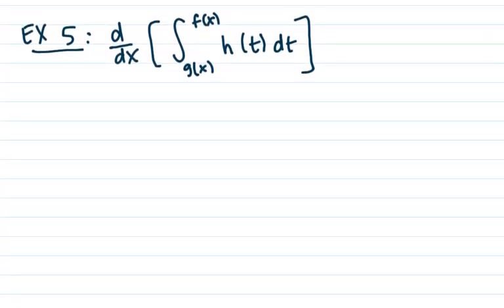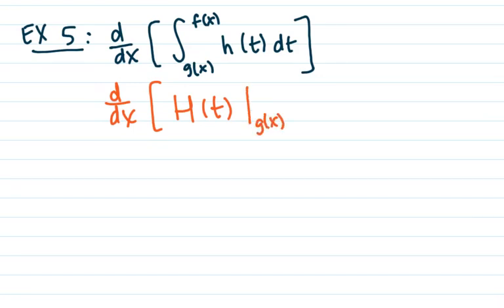All right, so let's try our trick again. Well, maybe let's not try the trick because this one's kind of crazy looking. So now we have a function on either end. So let's think about what this would be. Our fundamental theorem would say find the antiderivative of this function evaluated from g of x to f of x.